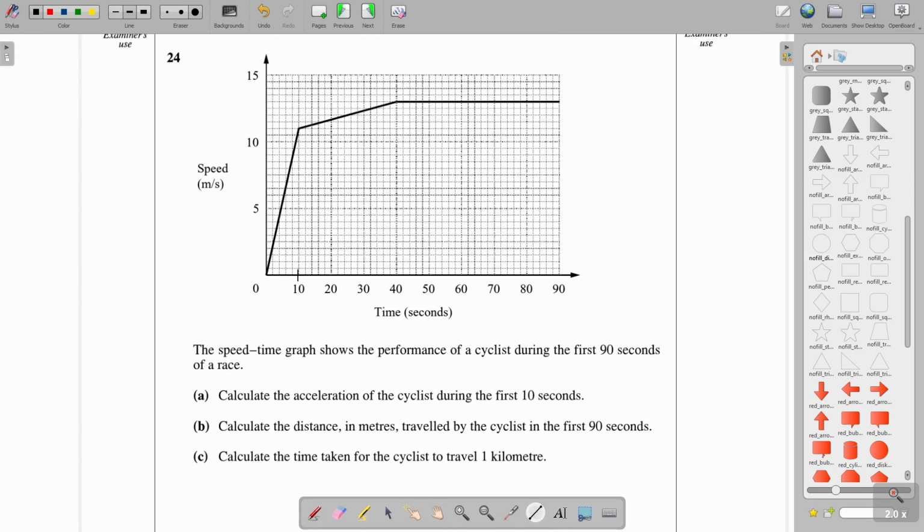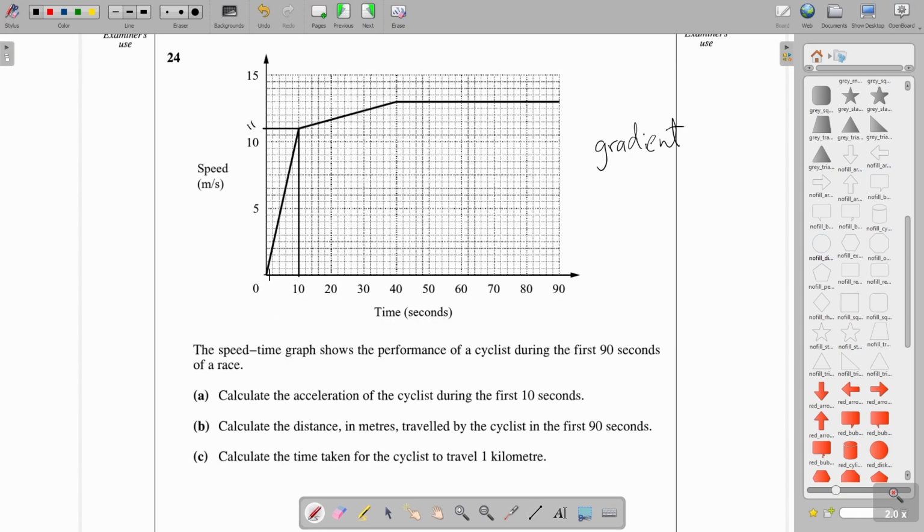So this is the first 10 seconds. And the acceleration is basically the change in speed over time, or the amount of rise over the run. And if you recognize that phrase, rise over run, you would realize that this is the gradient. So it's the gradient in these first 10 seconds, which if we draw a line here, we'll be able to see that this is 11.